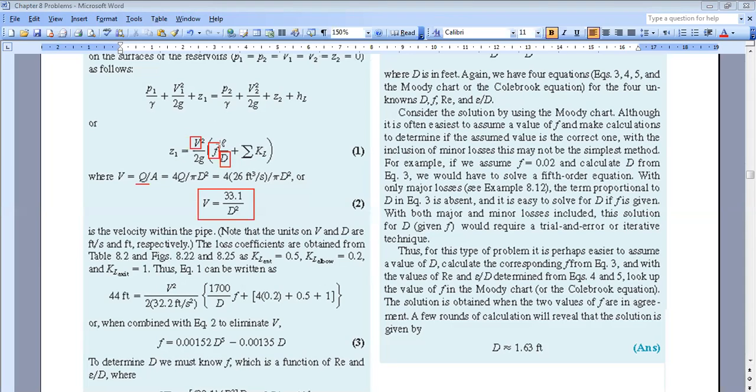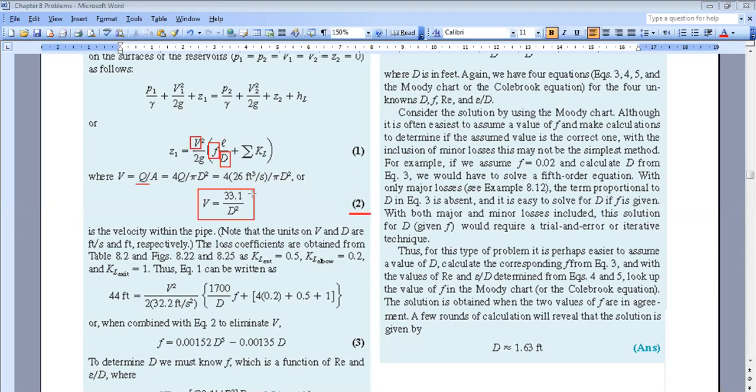So now I need to find other equations. What I can do is replace V by its value in this equation, because V is found as a function of D from equation 2.